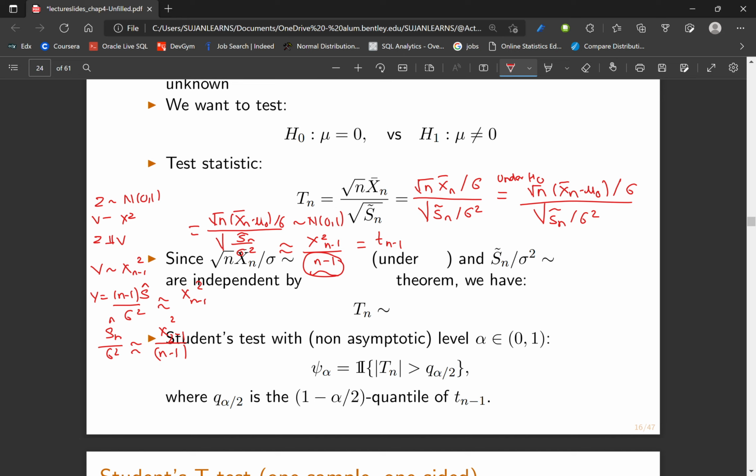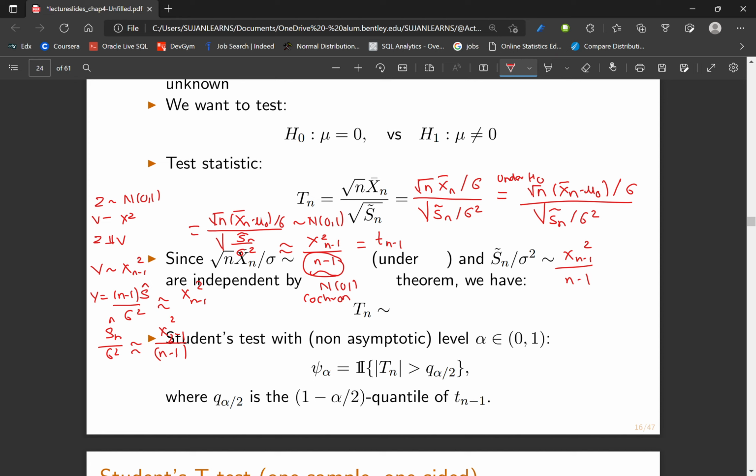Moving on, we can further say that the numerator has a normal distribution, and the unbiased sample variance divided by sigma square is chi-square n minus 1 divided by n minus 1, and they are independent of one another by Cochran's theorem.